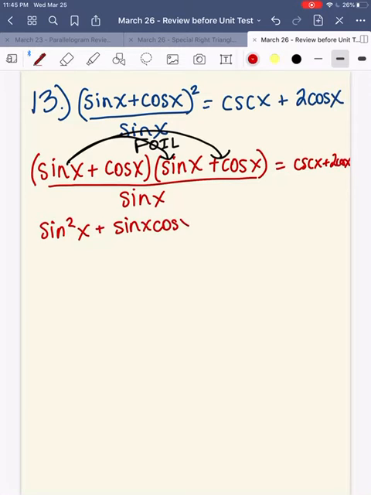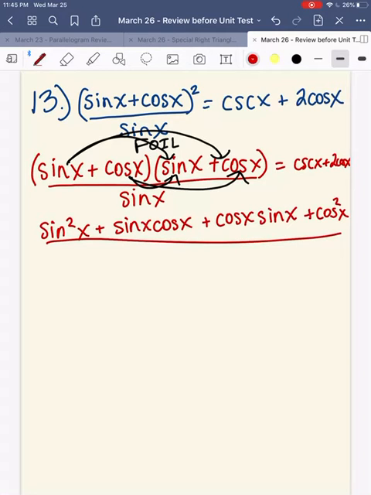So that'll give me sine x cosine x. You could put a dot between them for multiplication if you want to. I'm not going to. Then I'm going to do the same thing here, which will be cosine x sine x. And then the last one will be cosine times cosine.